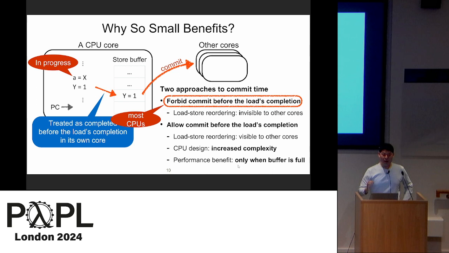Maybe for some special CPUs where the buffer is very small, you may consider committing the store earlier, before the load completion. But anyway, this is why in most cases you choose the first one.